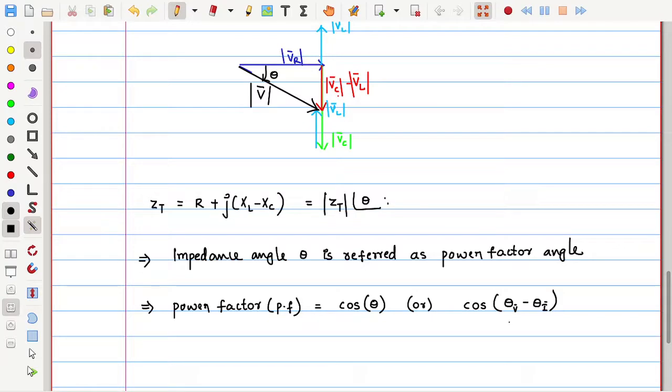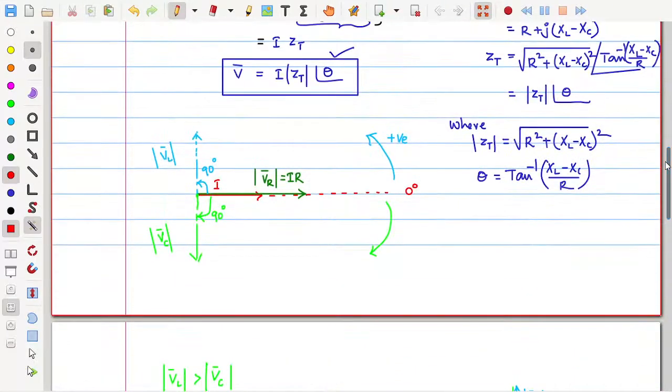That is the power factor. Usually this impedance angle is the angle between voltage and current. You can see this. The current is there somewhere, as in the first diagram. Check it here. Let me show this. See here, here is the current.